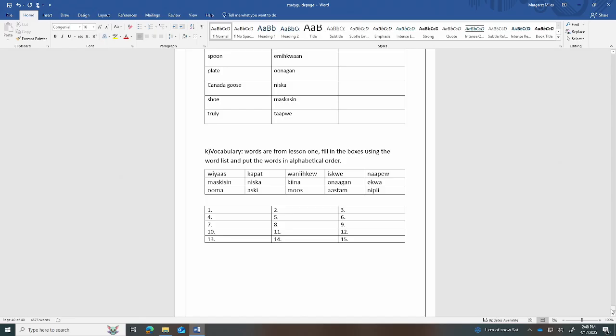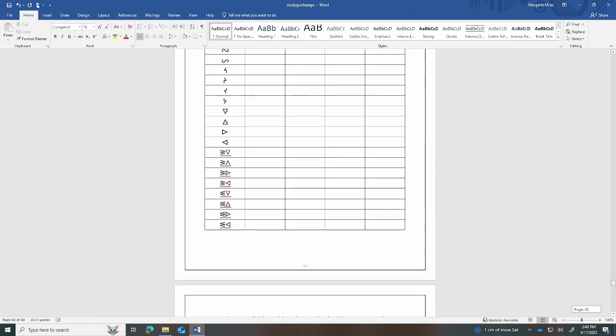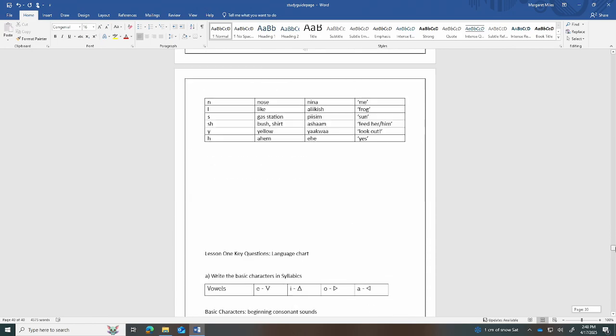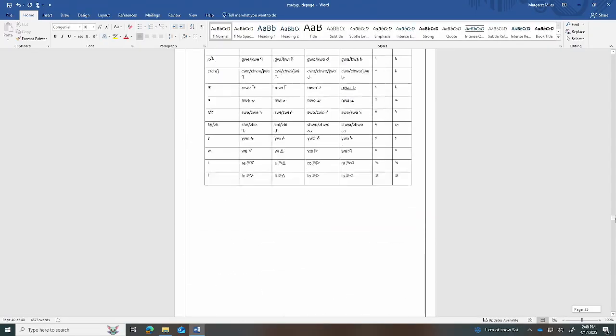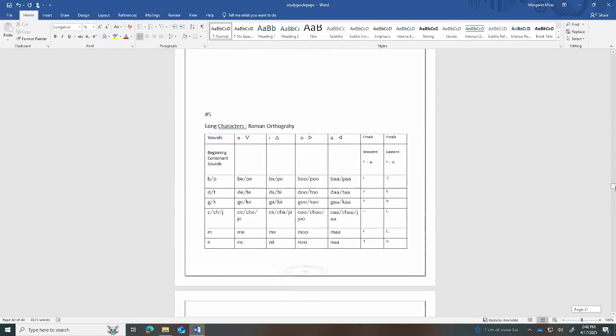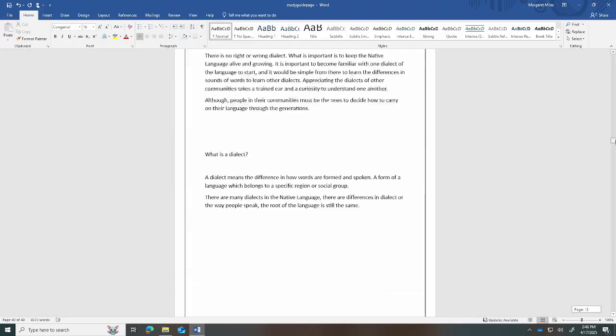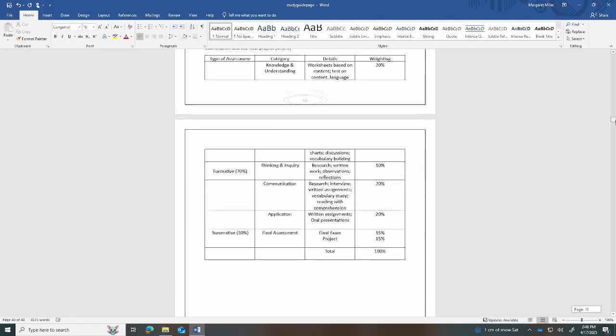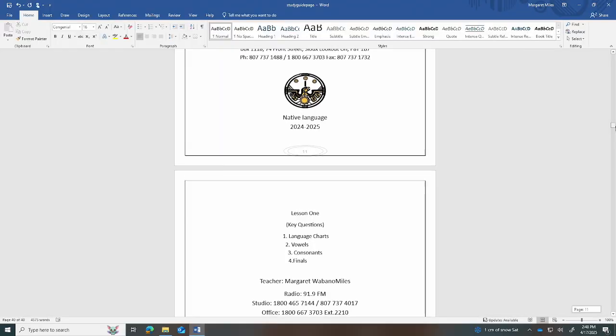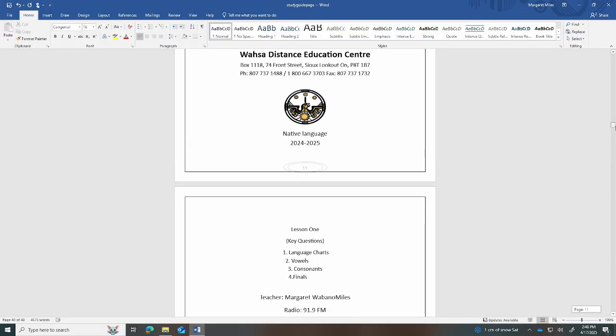And that is all the lesson key questions for this lesson 1. All the information is on the cover page. So Wasa Distance Education Center, the phone number.